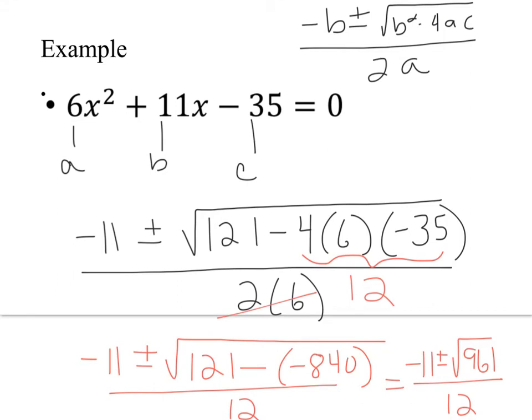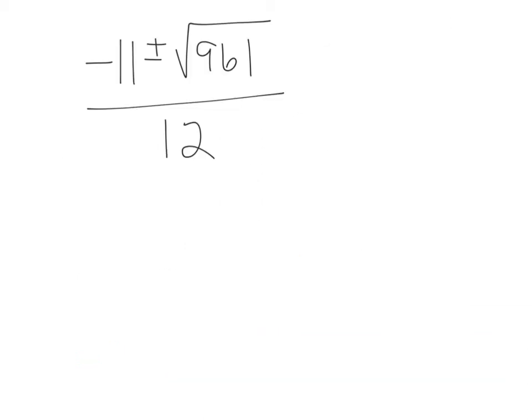And the square root of 961 is 31. So recall we've got negative 11 plus or minus the square root of 961 all over 12, and the square root of 961 we said was 31.